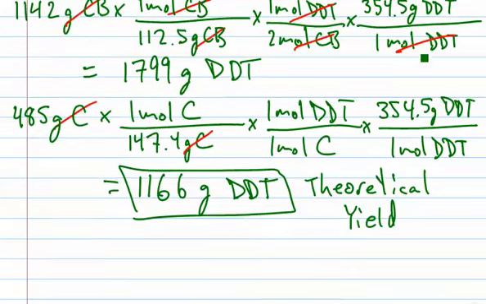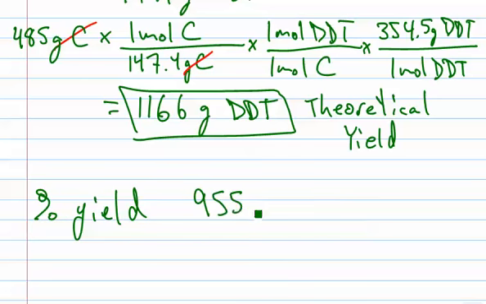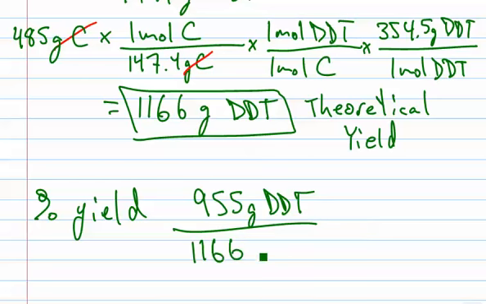So to get the percent yield, I take that actual yield, 955 grams, divided by my theoretical, which I just determined was 1166 grams, and I multiply that by 100.